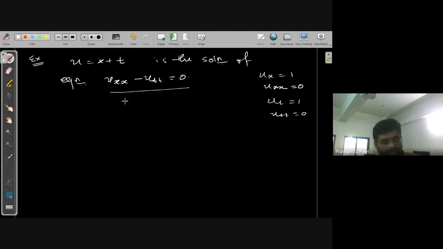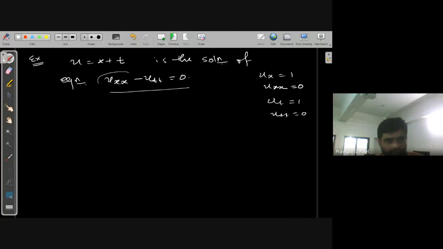And in the previous lecture, we have already discussed one example of a second order partial differential equation which appears in physics, that is the transverse vibration of a string, and that equation is known as the wave equation.